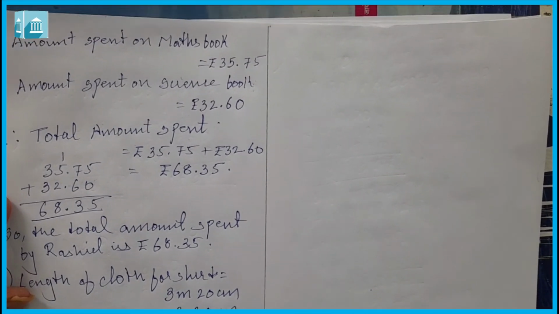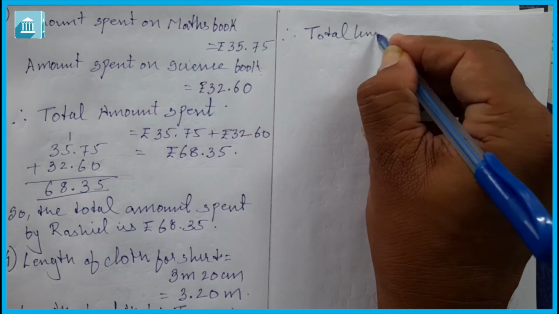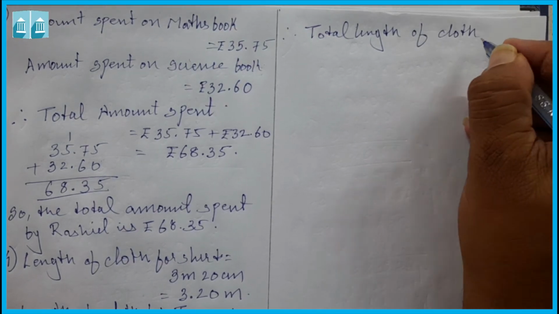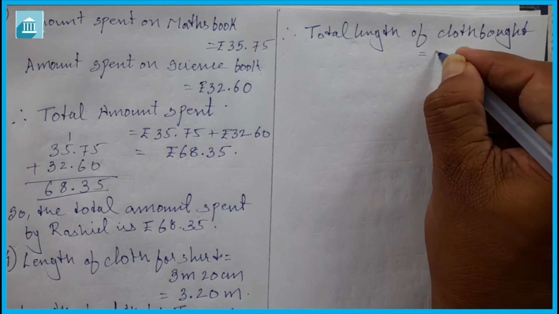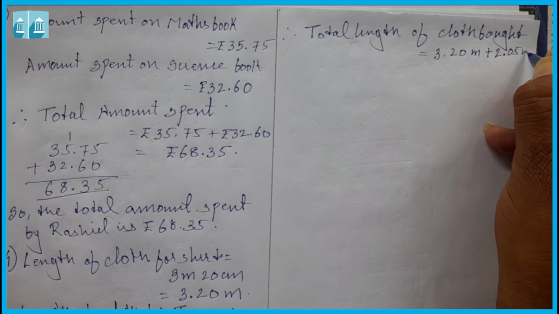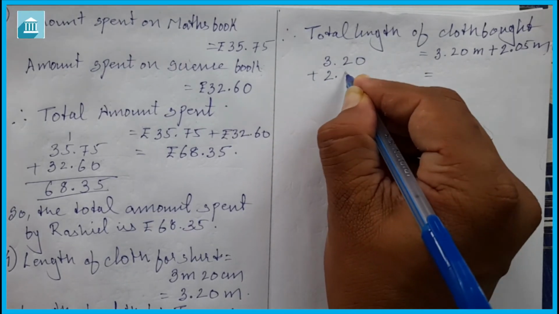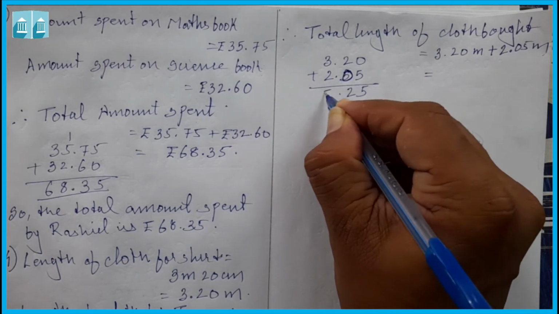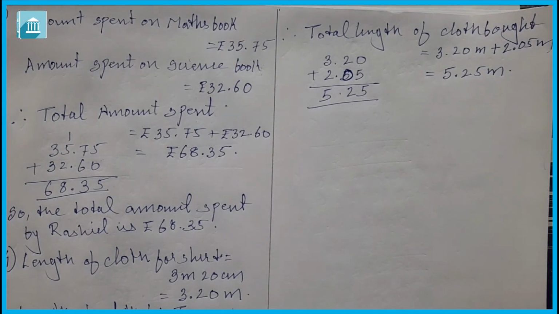So therefore we can say that total length of cloth bought is equal to 3.20 meter plus 2.05 meter, which is equal to, here we can add it, 3.20 plus 2.05, which is equal to 5.25 meter.